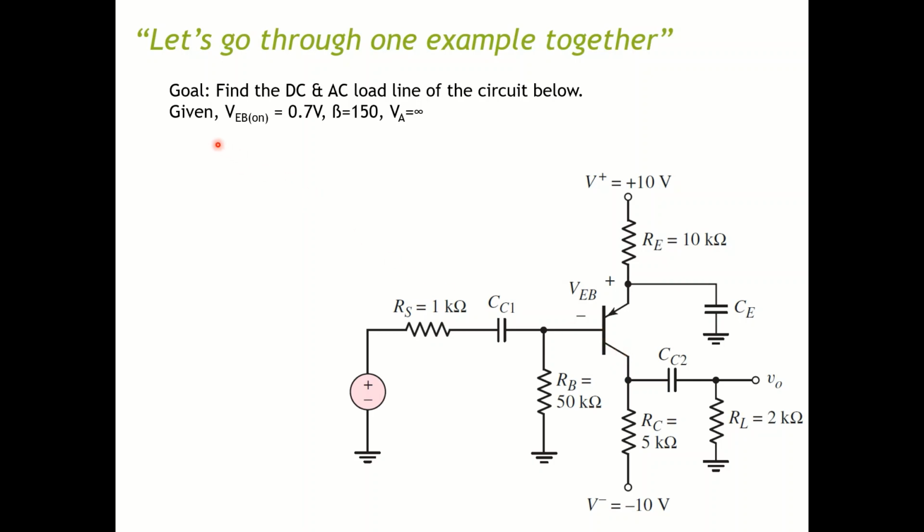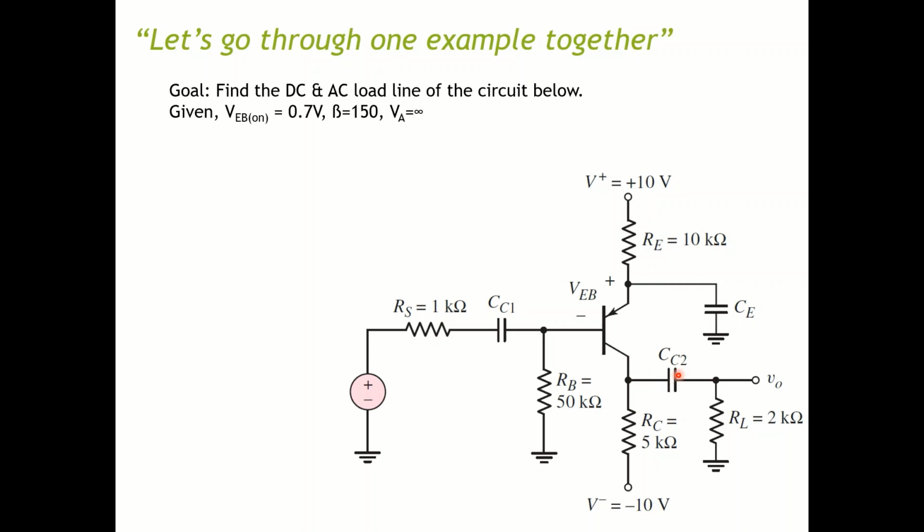Therefore, it's given that your VEB on, not VBE, is for PNP. Your VEB on is 0.7 volt. You have a number for your beta to be 150 and your early voltage to be infinity. That means there's no early effect in this transistor.